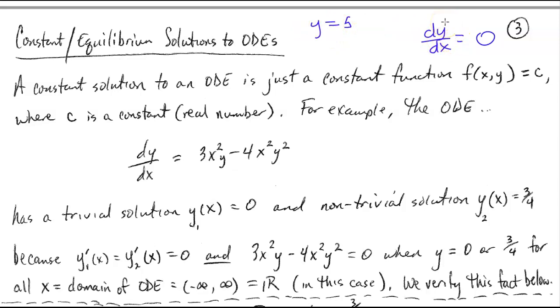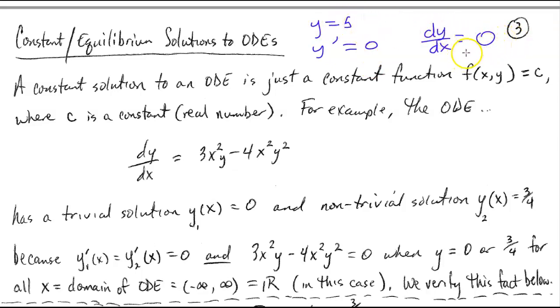Well, we know that it does. And the reason that we know that it does is because the derivative of any constant is going to be 0. So if we had a derivative of any function and the result on the right side ends up equaling 0, then we know that any real number value of y will do.